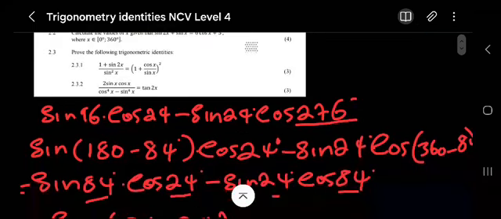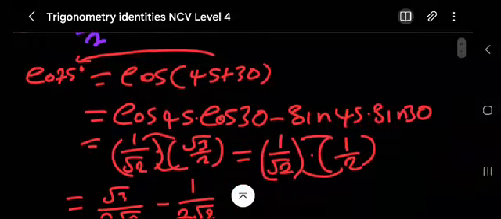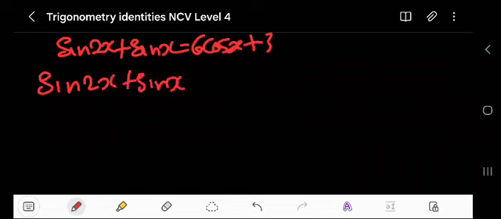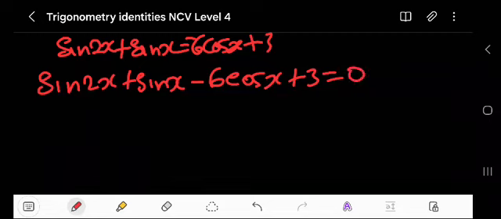Okay, guys, we have this now. Just say sine 2x plus sine x, take that to the other side. I'll have minus 6 cos x minus 3 equals 0, is what we have.